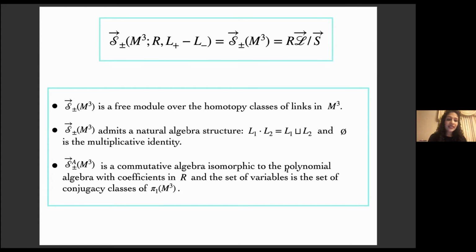And moreover, this algebra is a commutative algebra, and it's isomorphic to the polynomial algebra with coefficients in R, and the set of variables is the set of conjugacy classes of the fundamental group of the oriented manifold that you're working with. So this is the first most basic example of a Skein module, the signed Skein module.